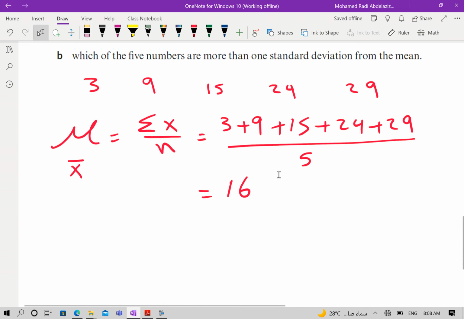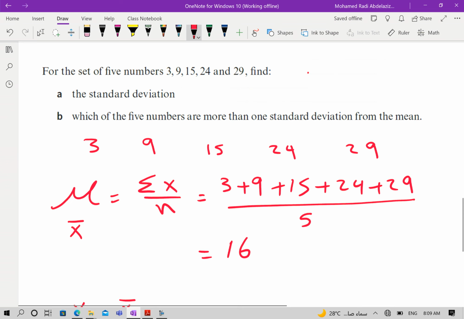Now we'll calculate x minus x bar. We subtract mu from each value, to show how each value is spread from the mean. X minus x bar measures the spread from the mean for each value.